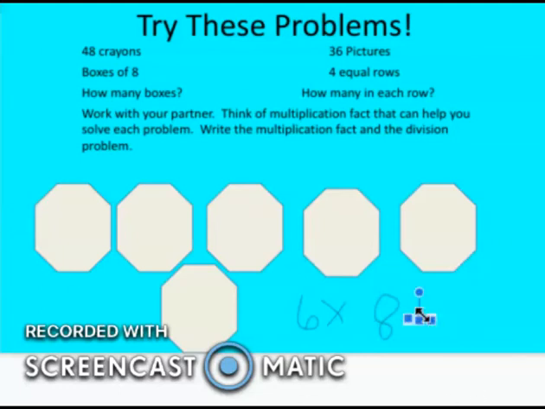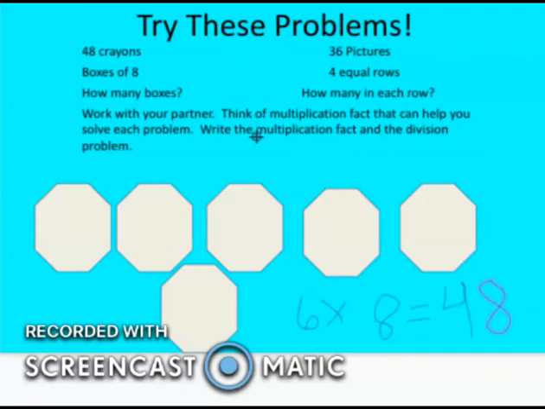So do you see that relationship that is happening here to make it easier for us to get our answer when we know the basic multiplication fact that works? That's what I love about multiplication and division. It allows me to learn those facts, which will in turn help me to divide.